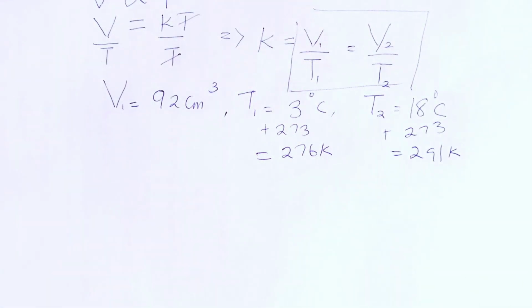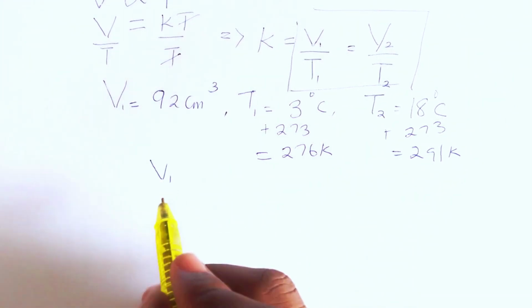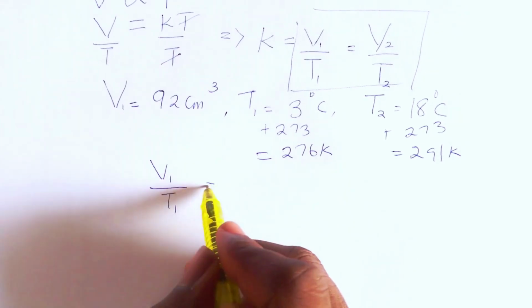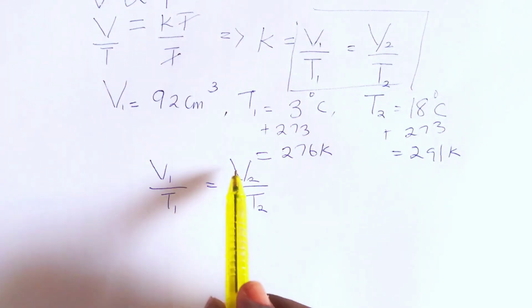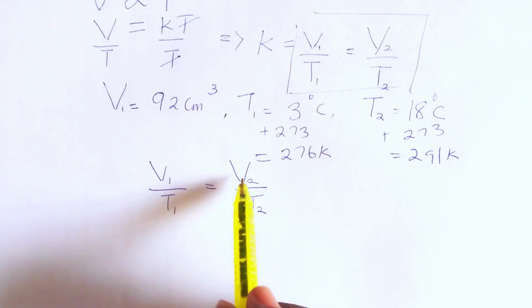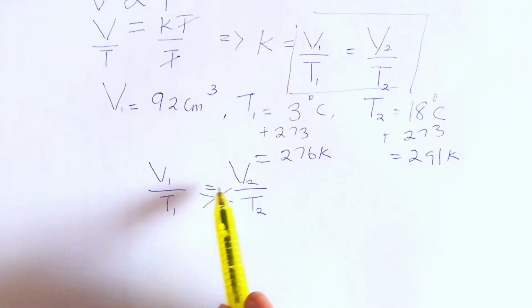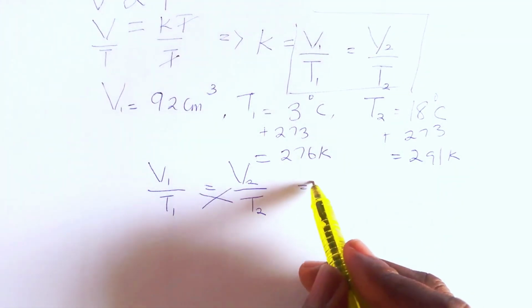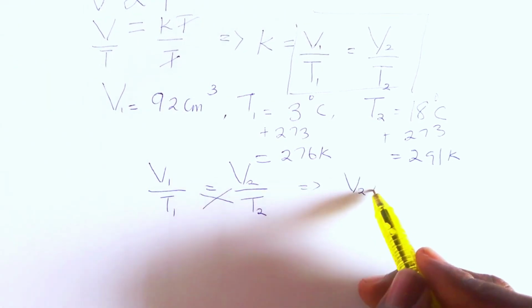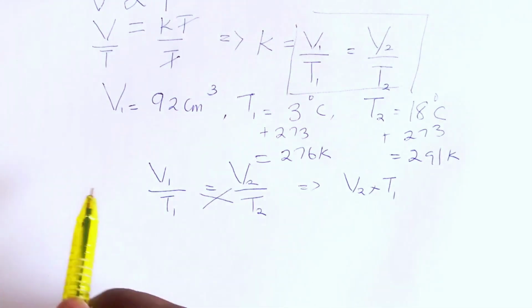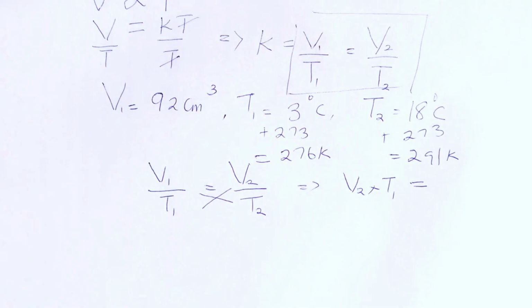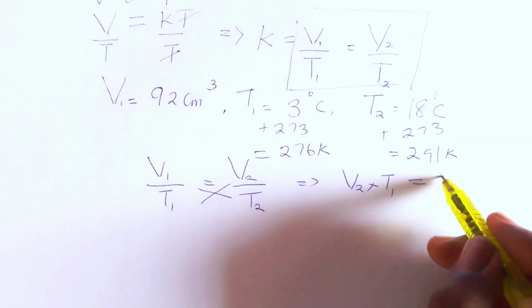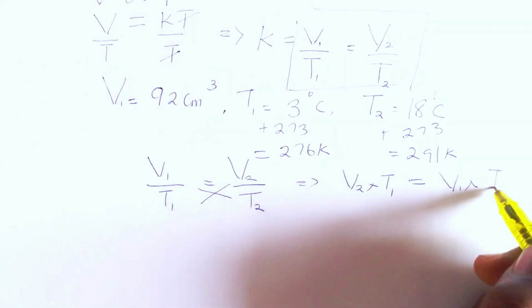We are looking for the final volume. From V1 over T1 equals V2 over T2, we are looking for V2, so we make V2 stand alone. First of all, we cross multiply. You have V2 times T1 equals V1 times T2.